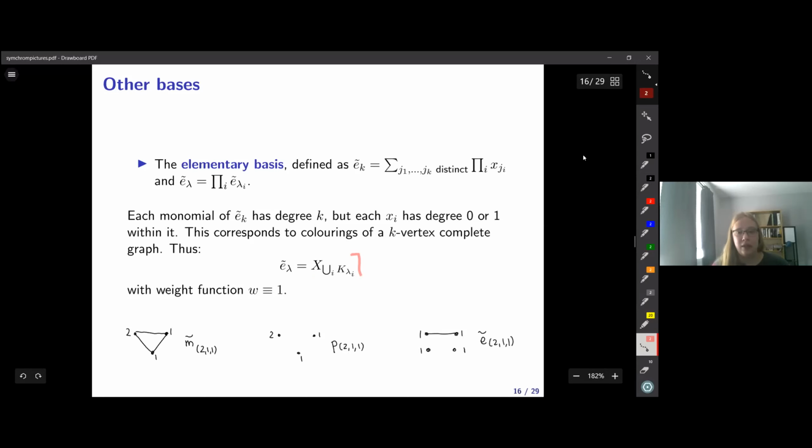So if I wanted to see what the term for 2, 1, 1 looks like, this is the graph you get, right? I have 3 complete graphs, one of size 2 and 2 of size 1, which makes this a very small example, but this is the graph whose chromatic symmetric function gives me exactly, up to the tilde, the basis e_211 term.